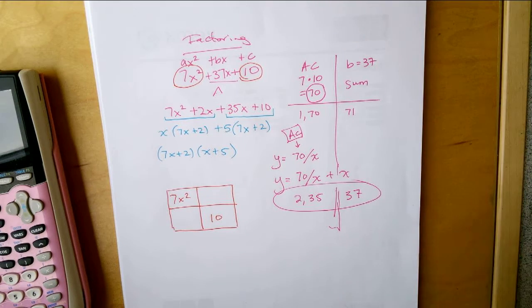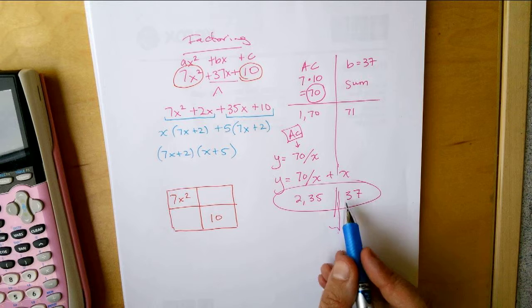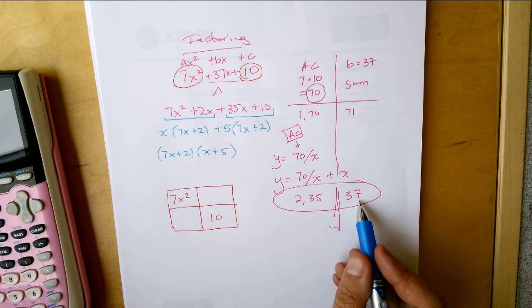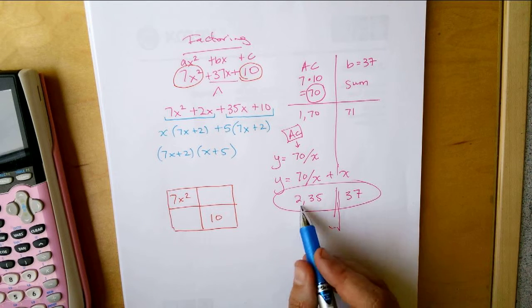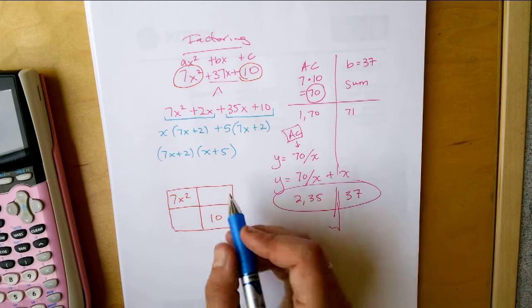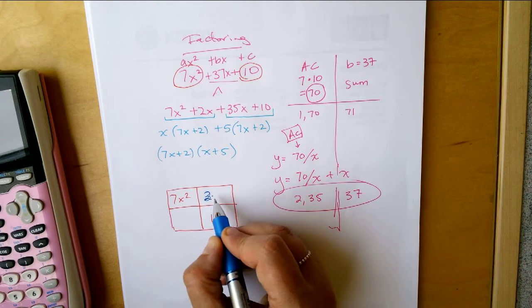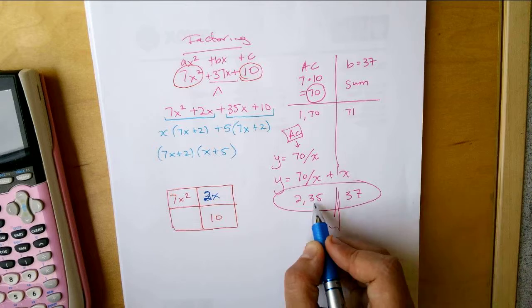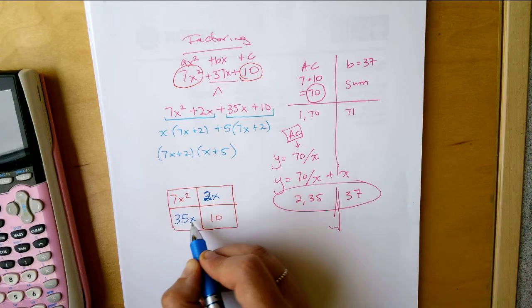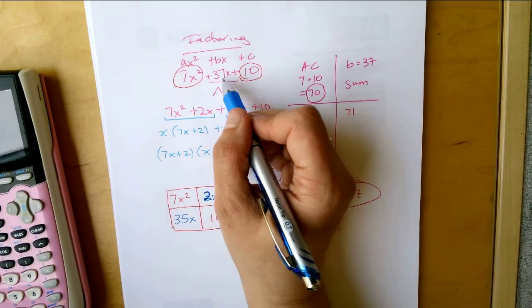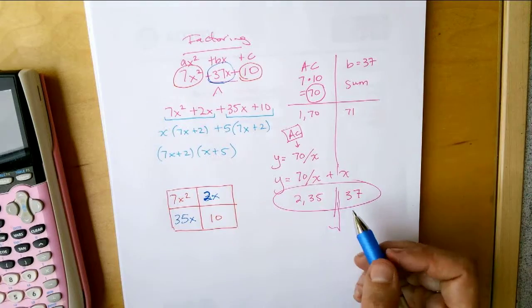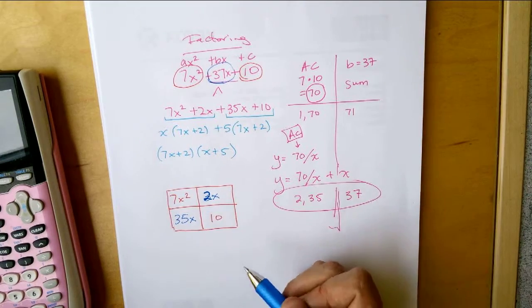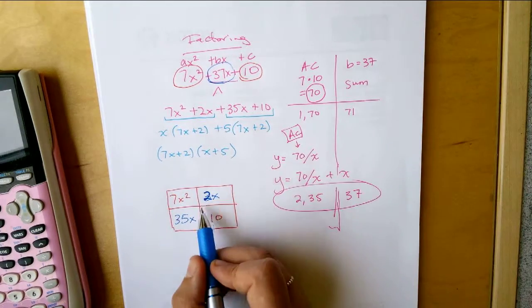And then because of this magic pair that we found, the factor pair that multiplied to 70 and added to 37, we would put 2x here and 35x here, because that's splitting that 37x up into two numbers.